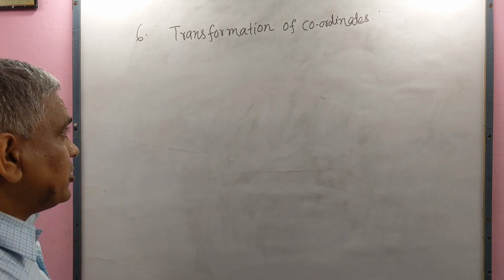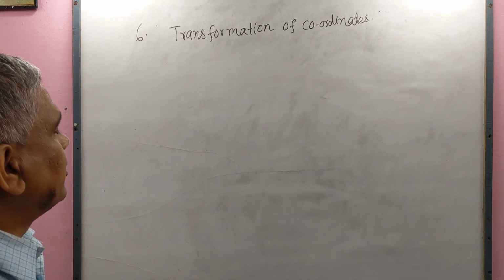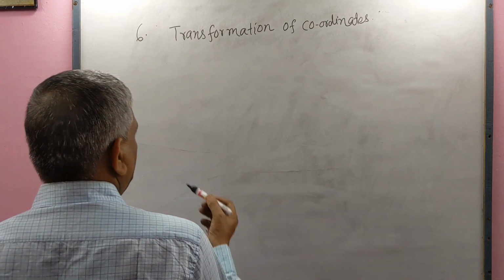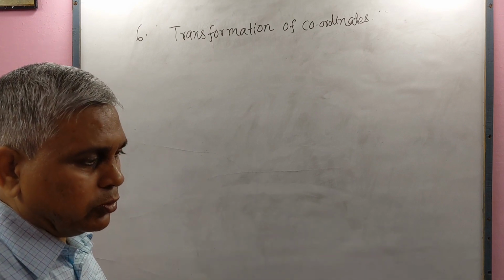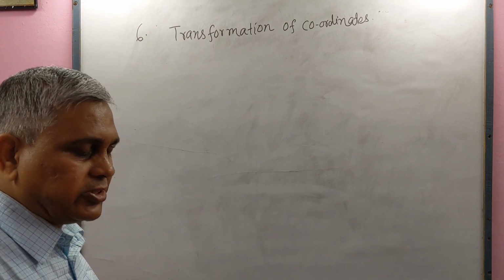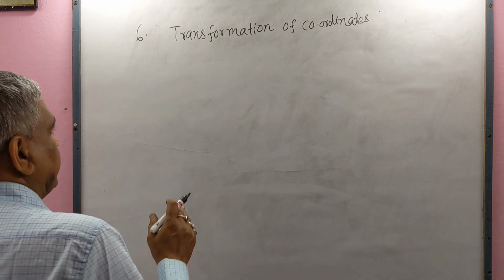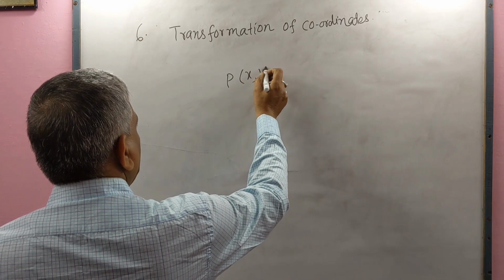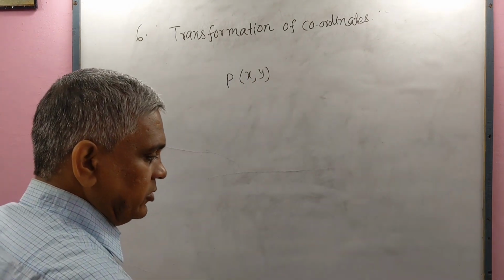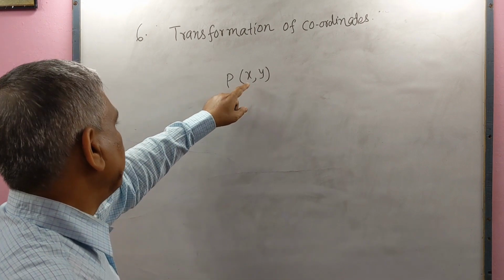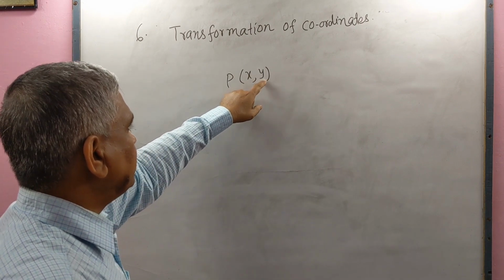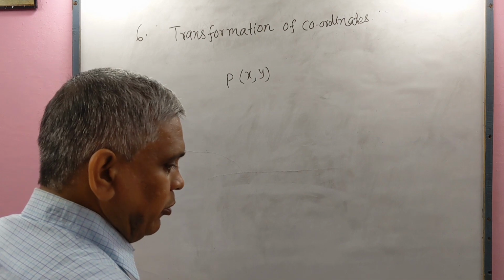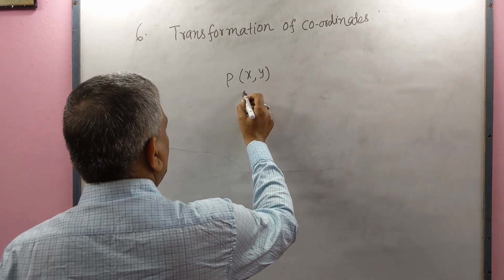Our next concept is transformation of coordinates. For example, we get the transformation from Cartesian to polar and polar to Cartesian as follows. Any point P is denoted by the ordered pair x, y in the Cartesian system of coordinates. Here x is the x coordinate of the point P and y is the y coordinate of the point P. The same point in the polar system is represented by r, theta.